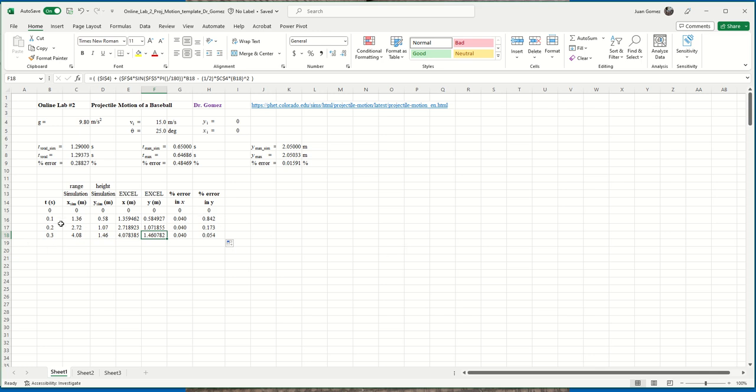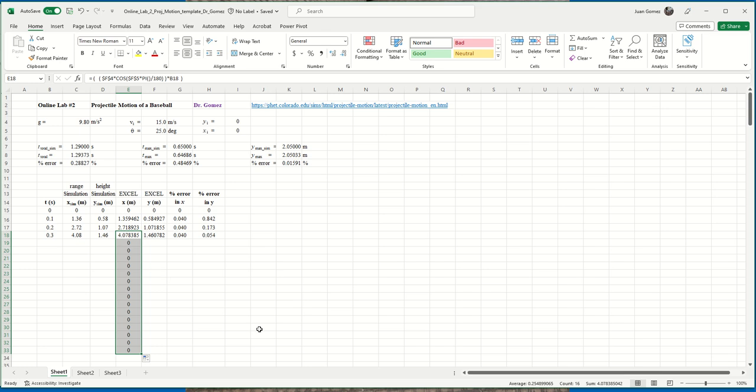So what you'll do is fill in all the remaining values from the simulation. Then go to the cell and just drag the formula down. You want to fill out the first three columns first, though you can do it in either order.